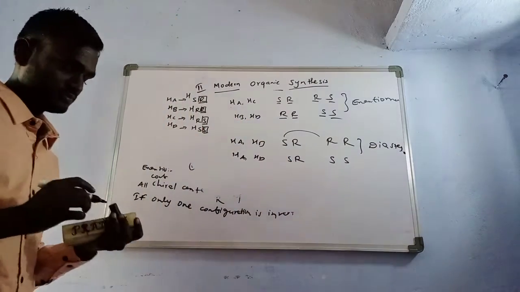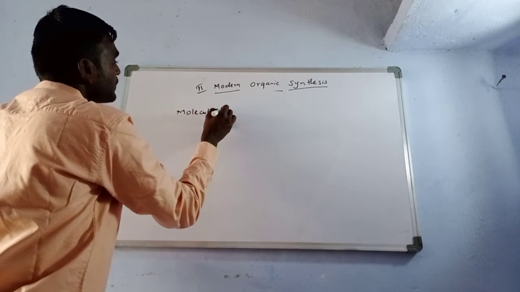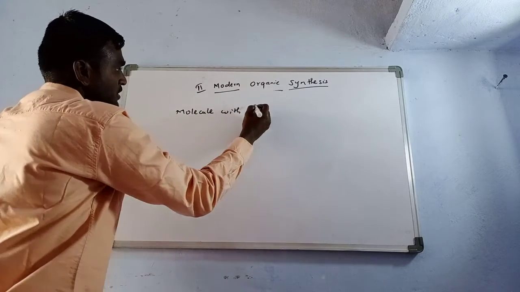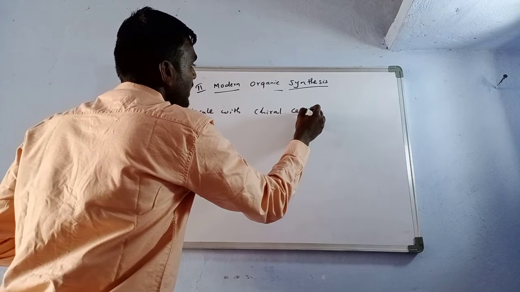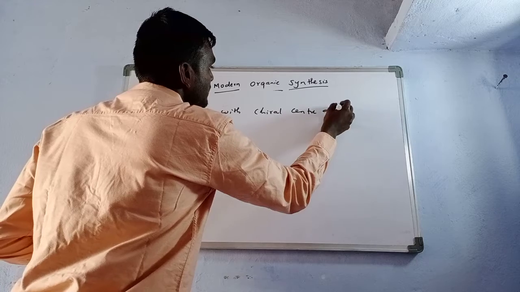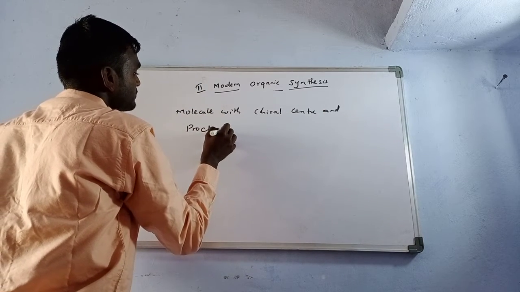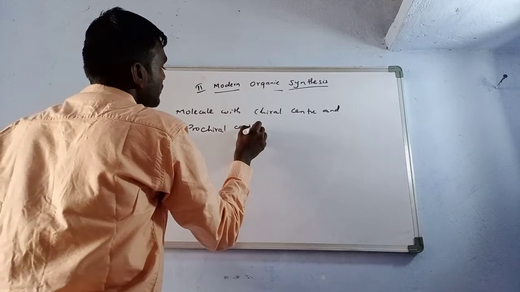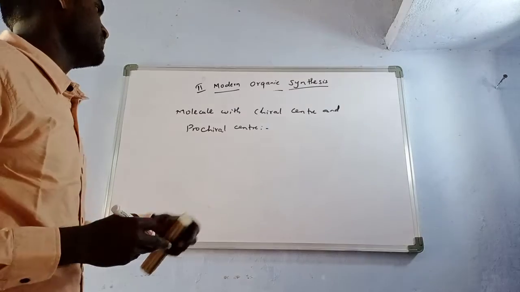Okay. Next, a molecule with a chiral center and a prochiral center. We are taking a molecule containing a chiral center as well as a prochiral center.